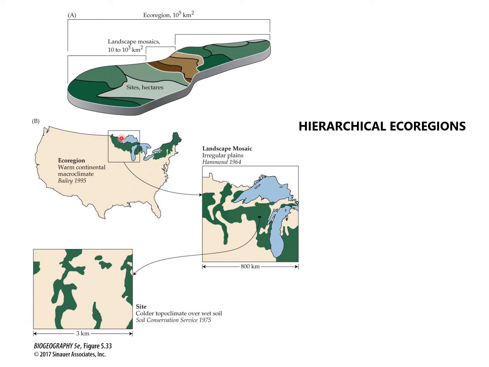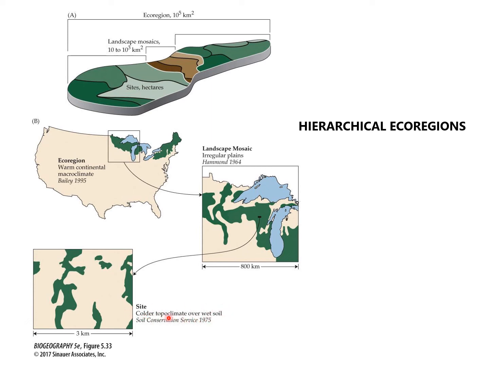We could look at it here, and you can scale yourself down. Okay, this is a warm continental macroclimate. That's how they categorize this ecoregion. You can zoom in and say you have some landscape mosaic here, and at that scale, topographic things become more important. Then you zoom in more and get to the site scale, and you get colder topoclimate over wet soil.